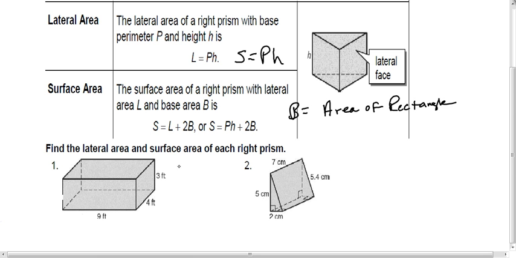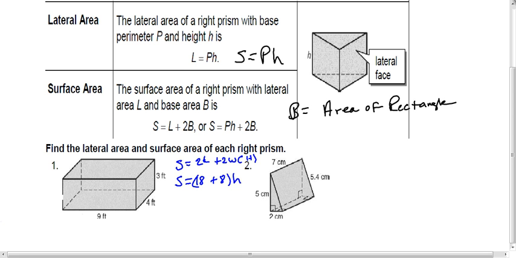So here we're looking at S is equal to the perimeter, and the perimeter of a rectangle is 2L plus 2W, and that's times the height. So with a length of 9, 2 times 9 is 18, and 2 times 4 is 8, so 18 plus 8, and that's times the height.